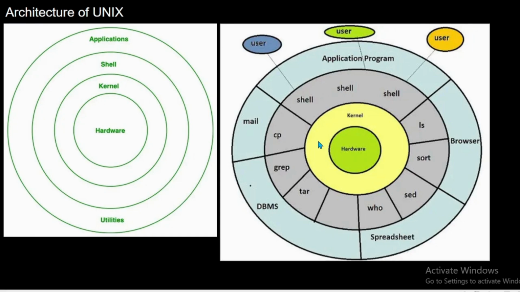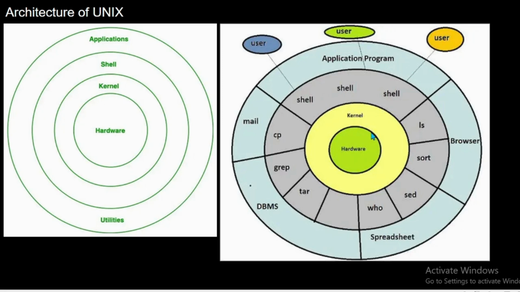In case of hardware, it comprises the physical components like the CPU, memory, and I/O devices. Above it, we have the kernel, which is the heart of Unix and controls the memory, CPU, and the devices. So it is the main thing.